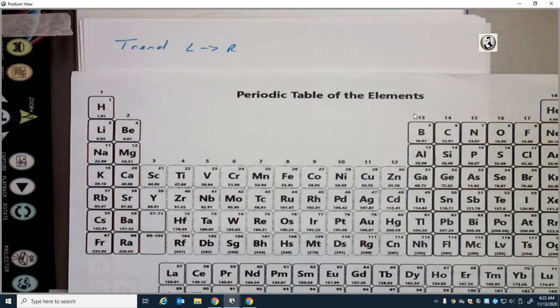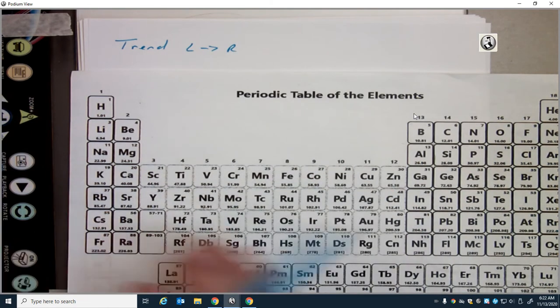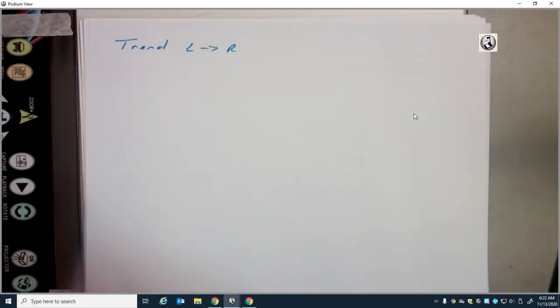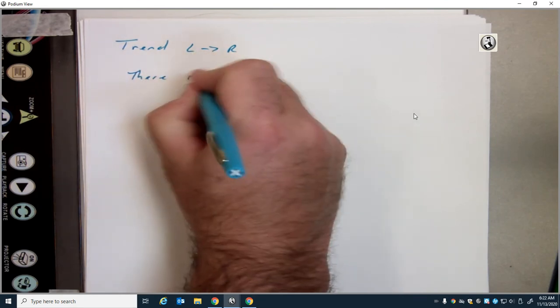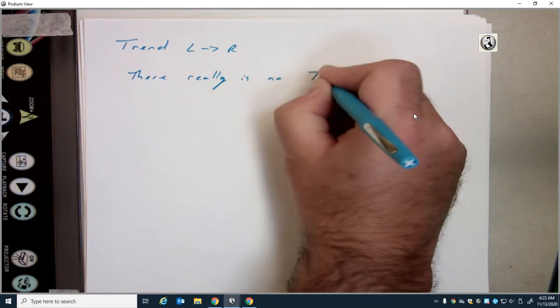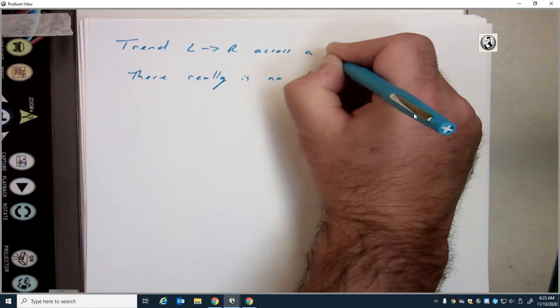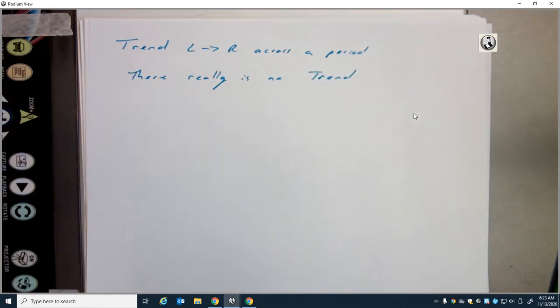All right. So if we look at electron affinities going left to right, there really isn't a trend. This is across a period. There really is no trend. And here's why. It really depends on the electrons in the orbitals.